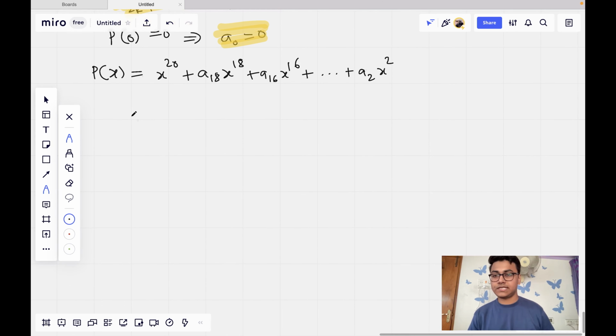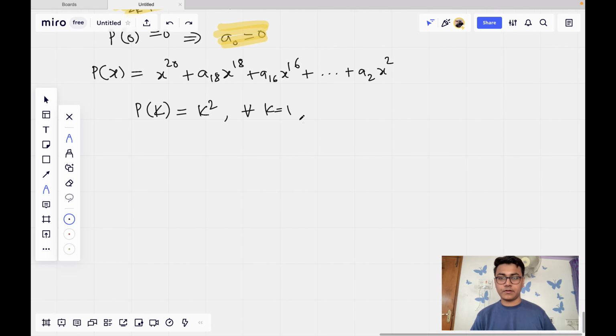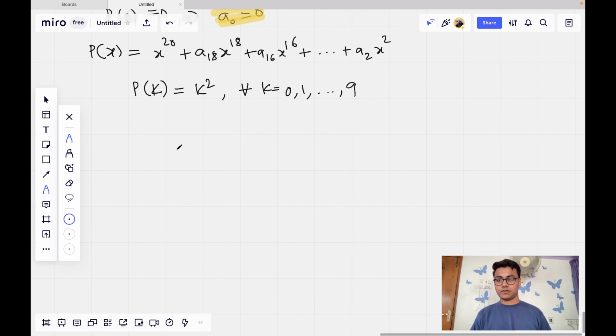Now we will use the second data that we have been given, that is P of k is equal to k squared for all k equal to 0 to 9.